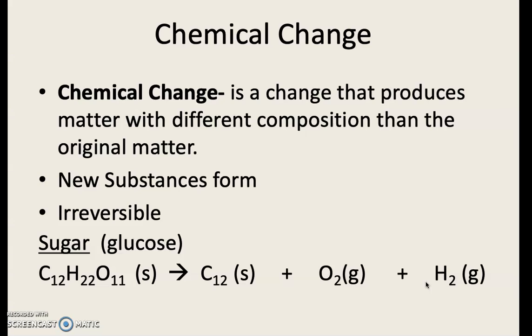It's broken down, and each one of these has a different composition. Carbon is the black stuff left over when you burn something. Oxygen is liberated as a gas, and hydrogen is liberated as a gas. You cannot see these two leave, but they are there when they leave. They leave up in the smoke.